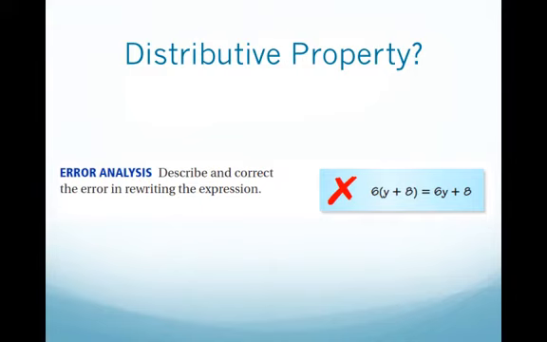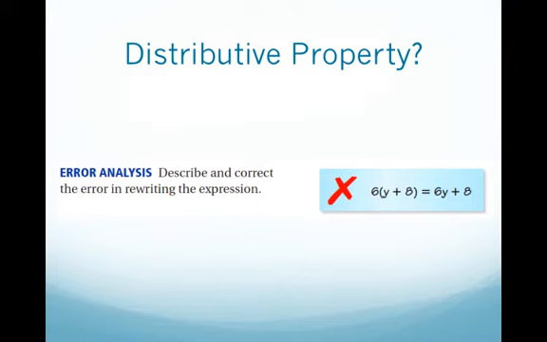In this example here, we want to know if this is actually the distributive property or not. So that says error analysis, which should lead you to believe that there's something wrong here. It says to describe and correct the error in rewriting the expression. So on the left-hand side, the original problem starts off with 6 and then parentheses y plus 8. The right-hand side of the equal sign, however, says 6y plus 8.